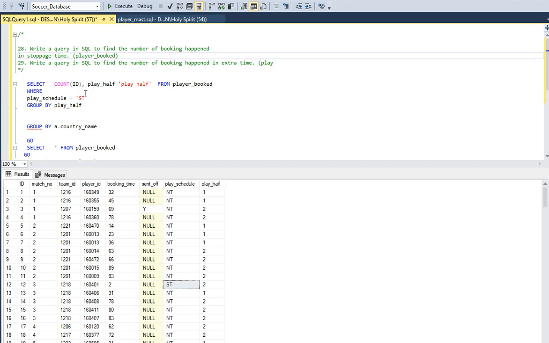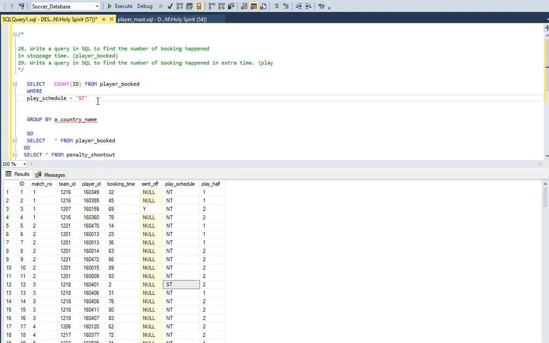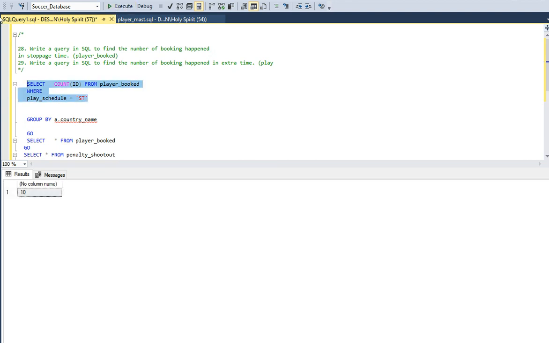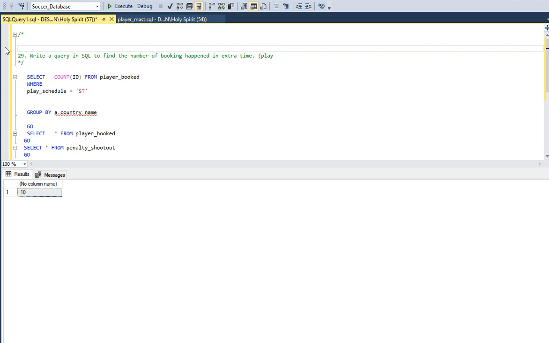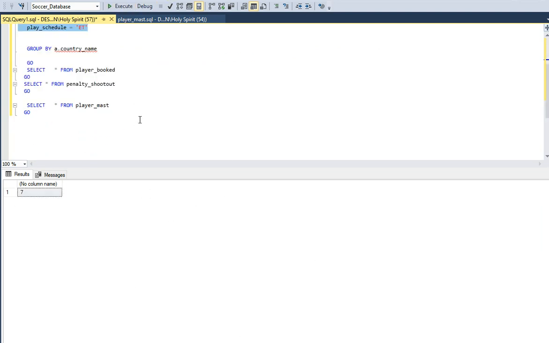So here we don't need play half. They are not asking about it. Right, there we go. 10. Okay, this one done as well. Write a query in SQL to find the number of bookings happened in extra time. This one just change from S to E, extra time. Execute, 7. There we go.